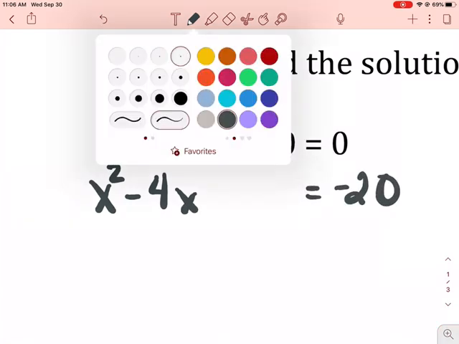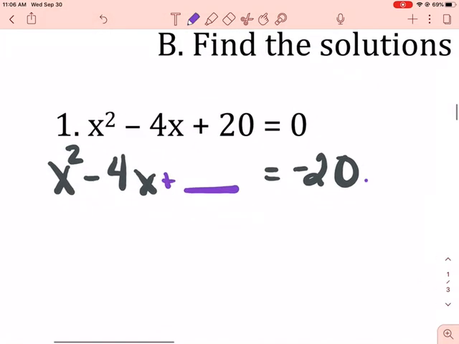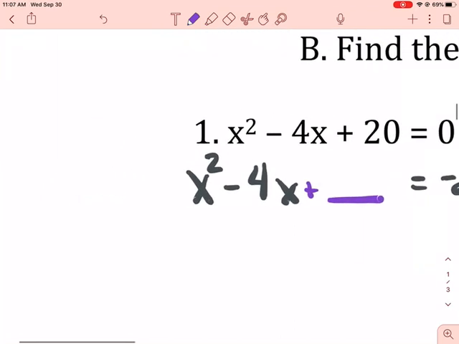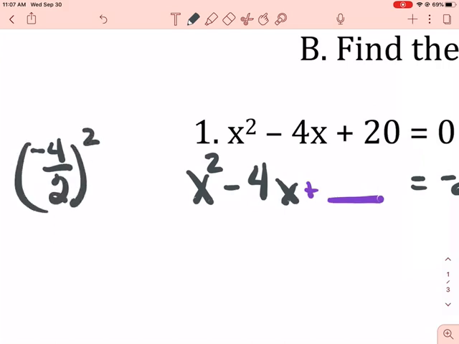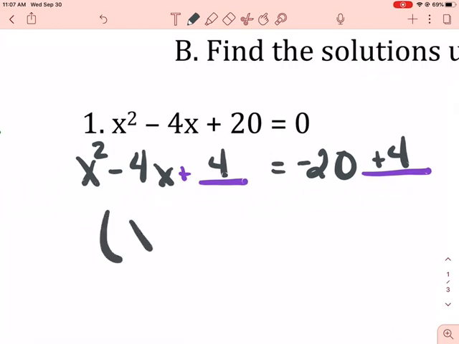We're going to leave our space and fill in our blanks. There's nothing to divide by because x squared already has a coefficient of 1. On the side, I'm going to put negative 4. We divide it by 2 and square it. So negative 2 squared is 4, and that's what goes in my blank: plus 4, plus 4.